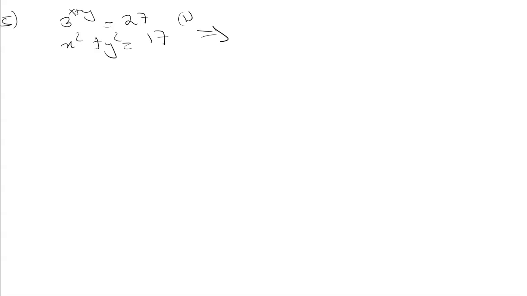Let's deal with the first one first. So we'll say equation 1, equation 2. Let's deal with equation 1 first, which is 3 to the power x plus y equals 27. We can express 27 as a power of 3, so this becomes 3 to the power 3.